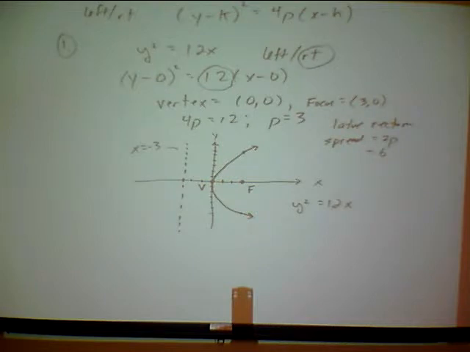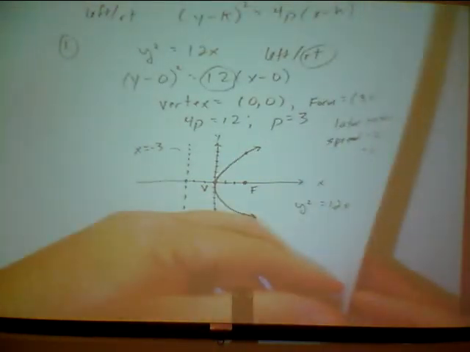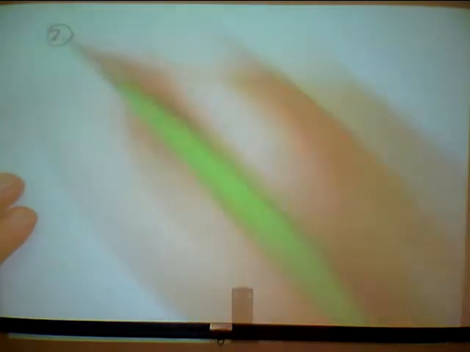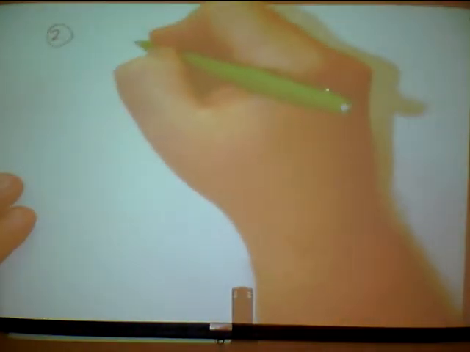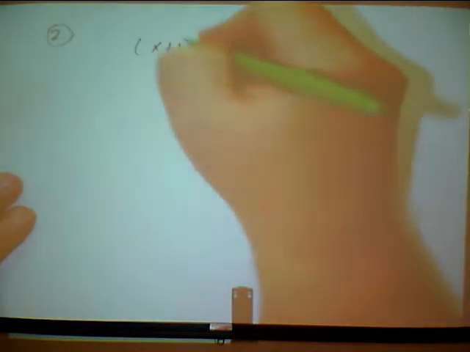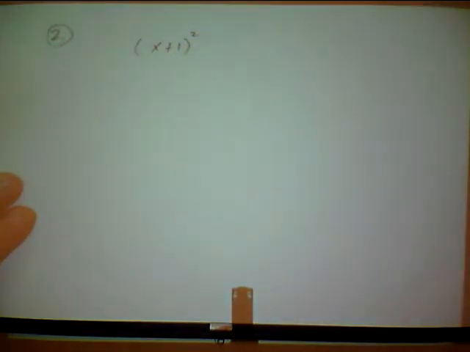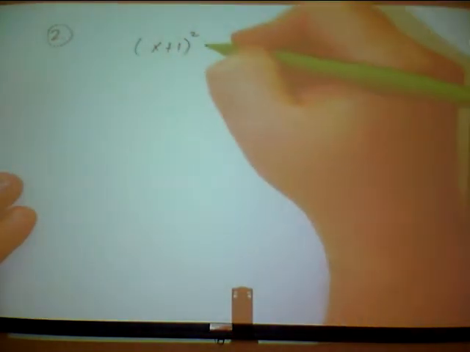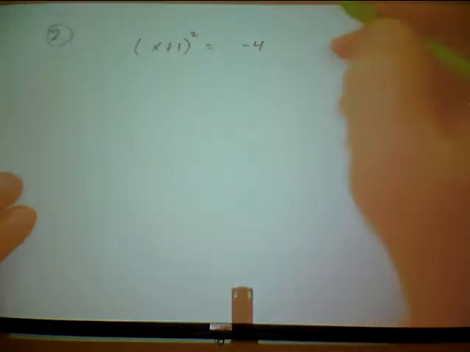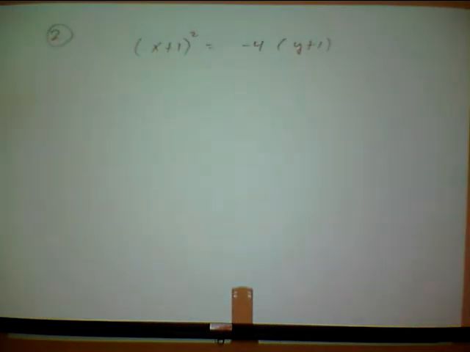All right, let's do a couple more examples. I'll start a new piece of paper so I don't run out of room. So here's a second example of a parabola. This one's a little more involved maybe. (x plus 1) squared equals -4(y plus 1).